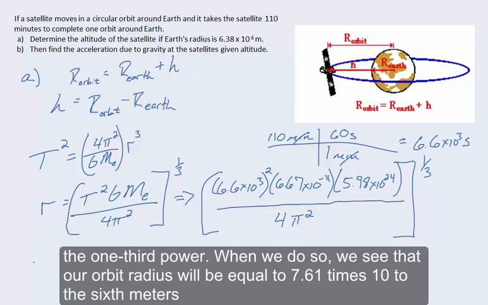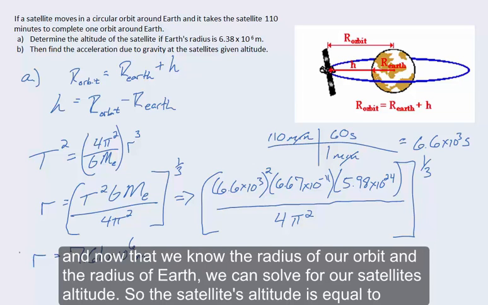And when we do so, we'll see that our orbit radius will be equal to 7.61 times 10 to the 6 meters. Now that we know the radius of our orbit and the radius of Earth, we can solve for our satellite's altitude.